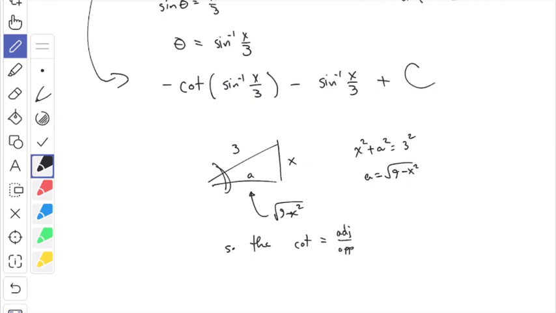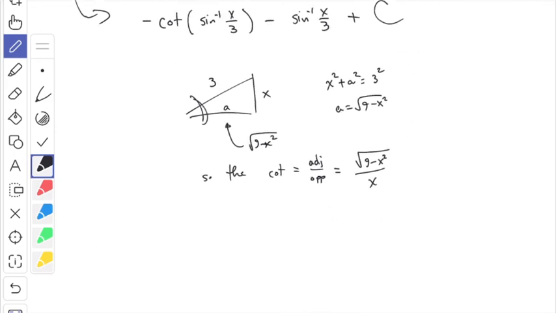Cotan is 1 over tan. Tan is opposite over adjacent, so cotangent is the reciprocal of that. Adjacent would be that square root thing, divided by the opposite, which is x. So that cotangent part in my answer is actually equal to this.